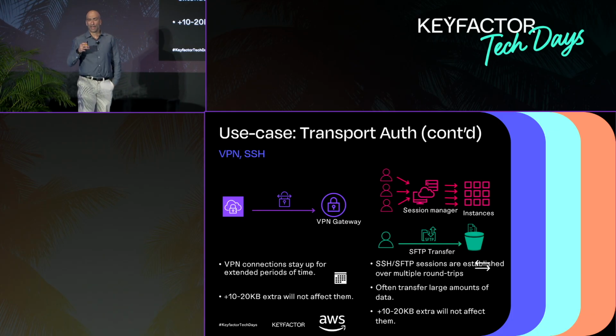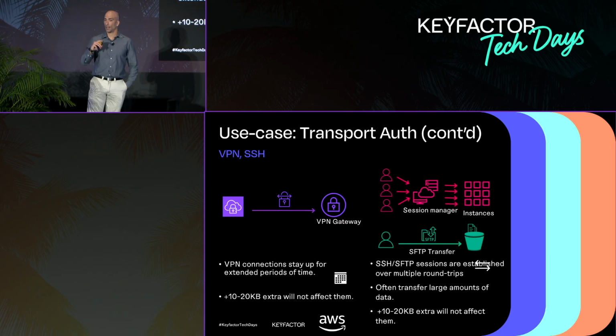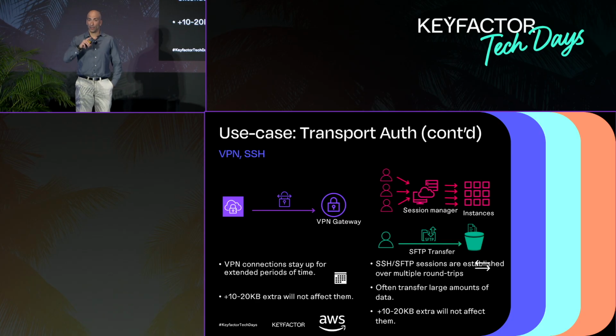So the time it takes to transfer an additional 10 or 15 kilobytes for connections that have a lot of round trips will not matter. The user will not notice any slowness for the 10 or 15 extra kilobytes when they have to wait for a whole second to do the back and forth to bring up the connection. So these types of connections also will not suffer by a lot.